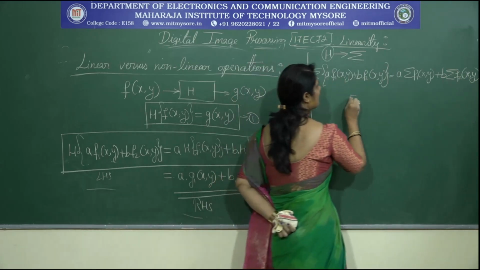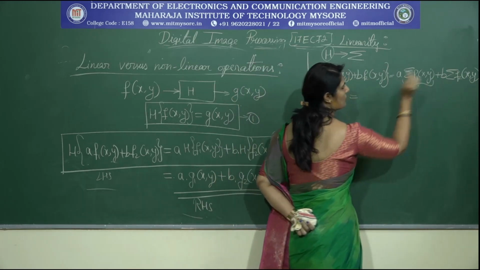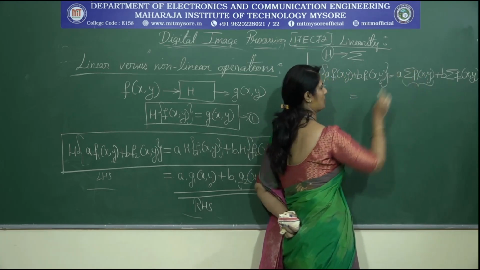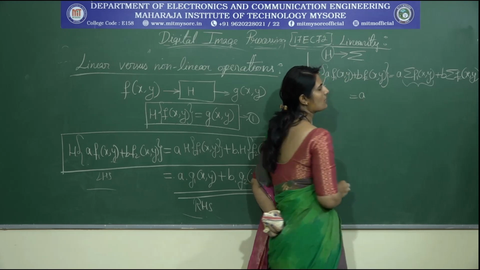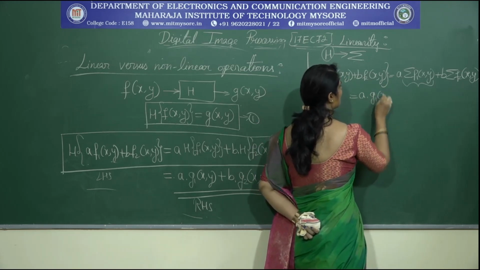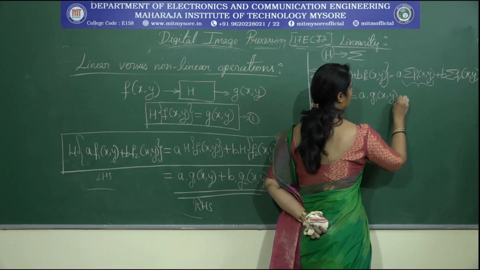Now comparing this equation with equation number 1, here H is nothing but summation. So a into summation of f1 of x comma y results in g1 of x comma y.